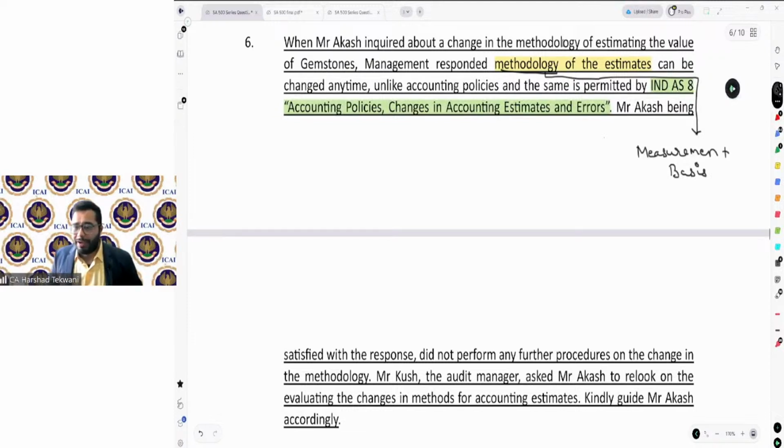The question arises whether this change in the measurement basis is a change in accounting policy or a change in estimate.